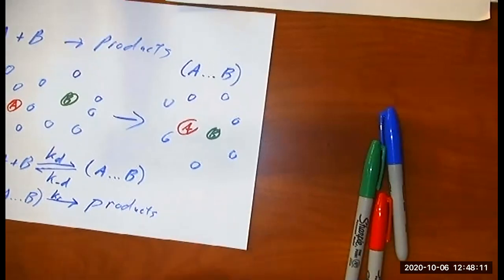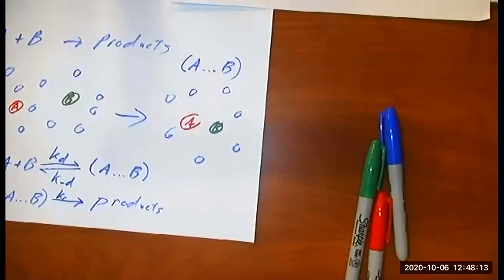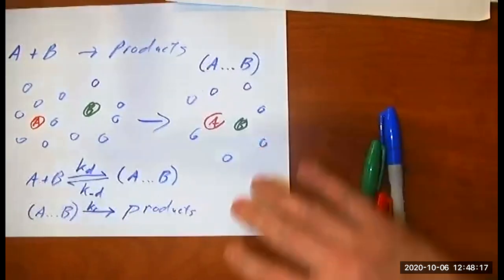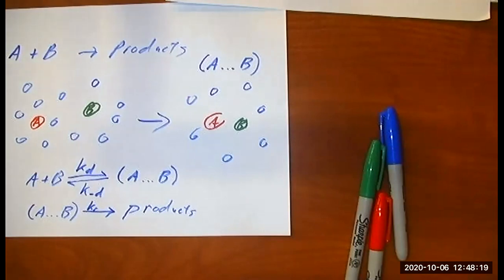I'll get to that exception in a second. But the point of that video was to illustrate that even though the physical picture of what's going on in solution is utterly different from what's going on in the gas phase, all of the math that we went through for gas phase reactions applies to solution phase reactions.